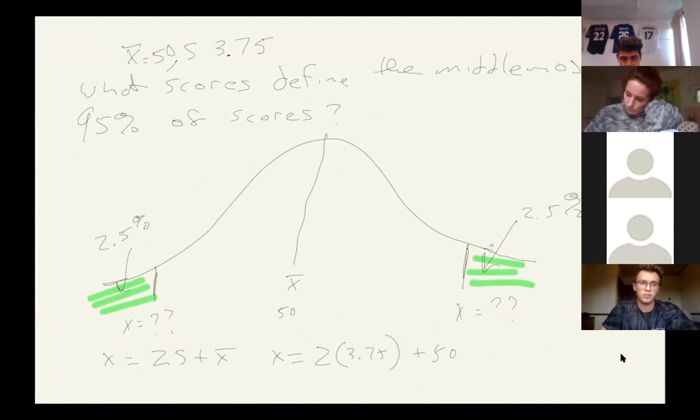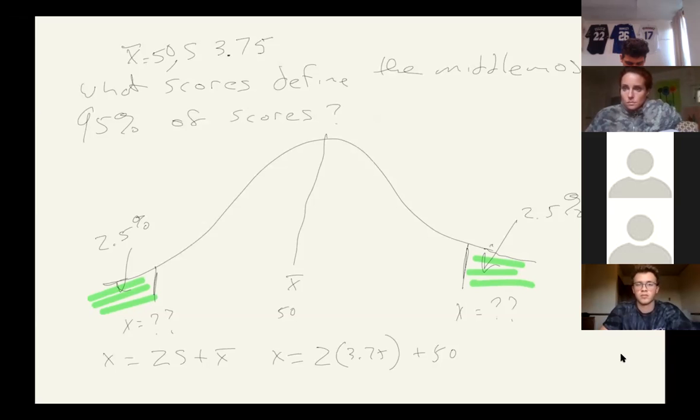So in order to get to those z-scores, we have to use the table. We know we're looking for 2.5% on the outside edges, or 0.025 is the other way to say 2.5%. In table talk, it's 0.025.